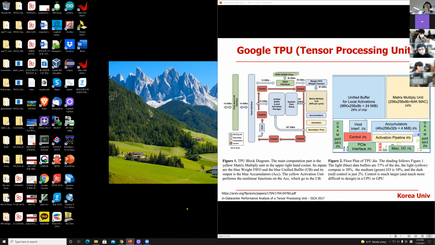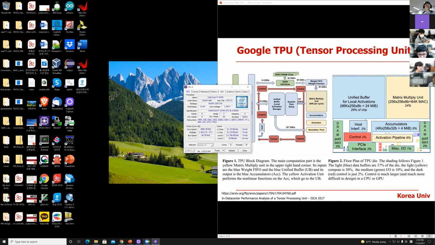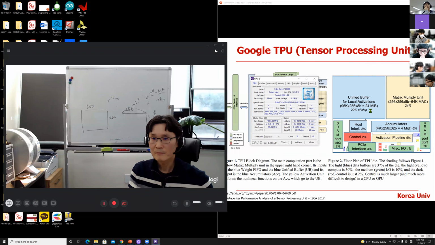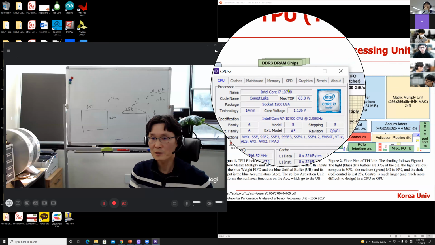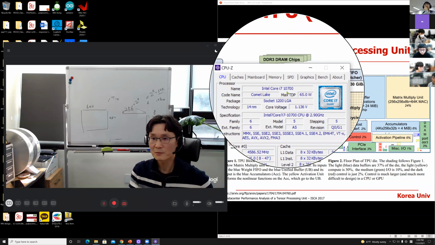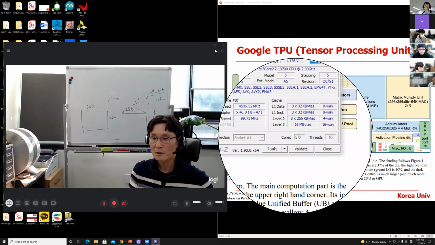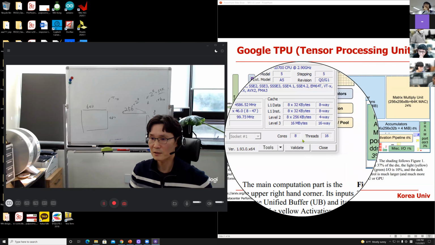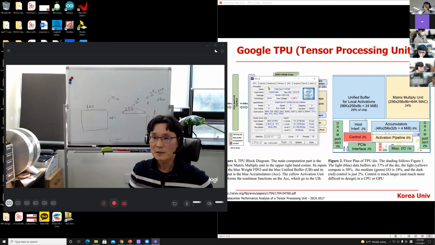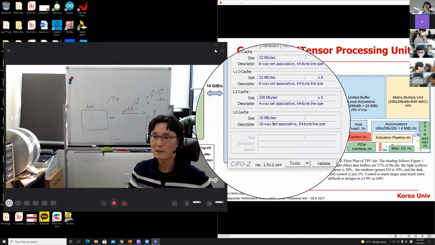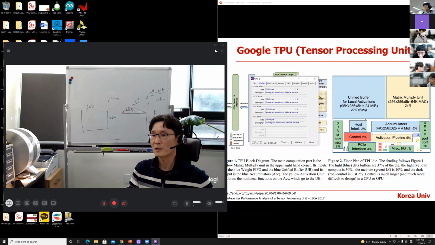It is 10th generation, Core i7-10 something, right? And how many CPUs? 8 physical cores and 16 logical cores, threads. Then check the cache. How big? 16 megabytes. Okay, 16 megabytes. Compare that.